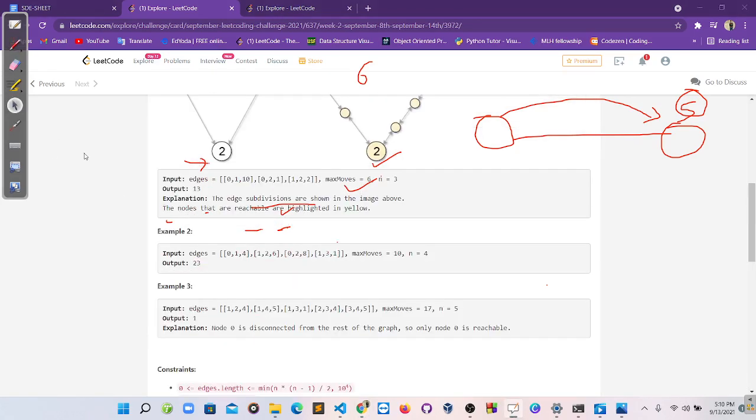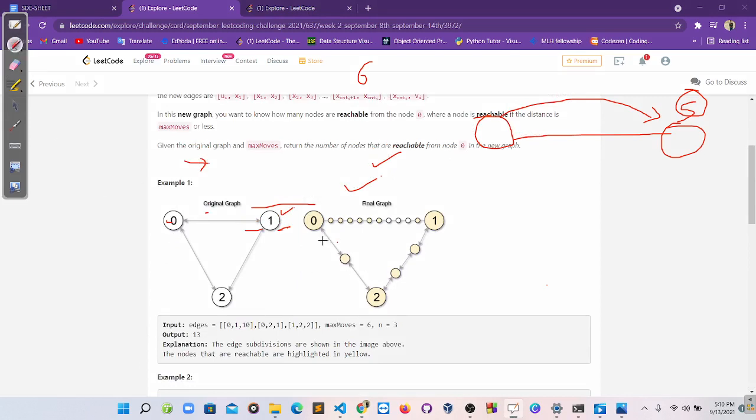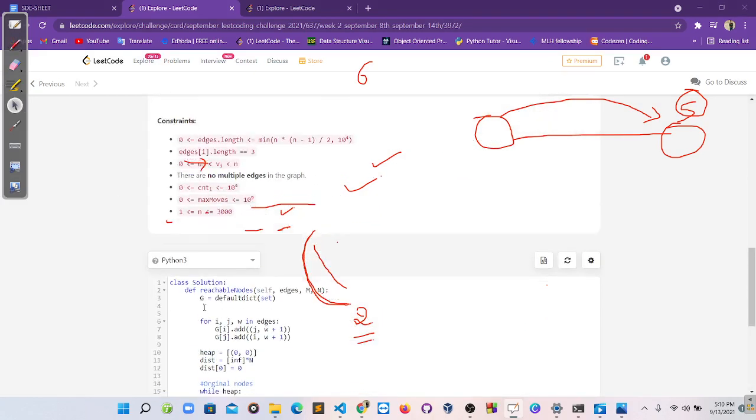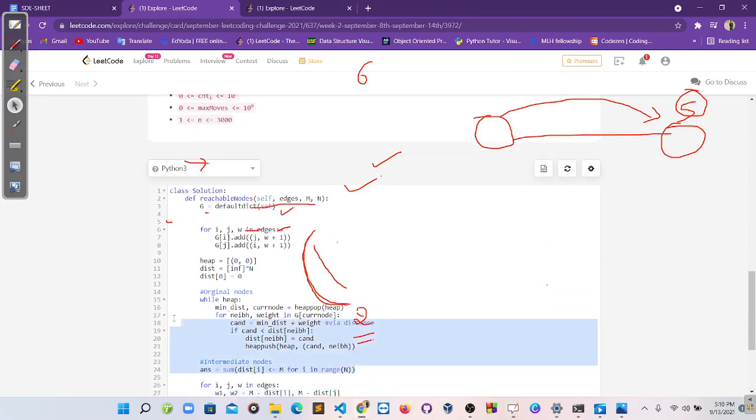Simple as that. As you can see, from 0 to 2 we needed only 2 moves, but we are left with some moves. Understand that part? Let's suppose we move from 0 to 2, and we know there is a two part and we consider it in our answer. So till this answer part, we only work for the original nodes.